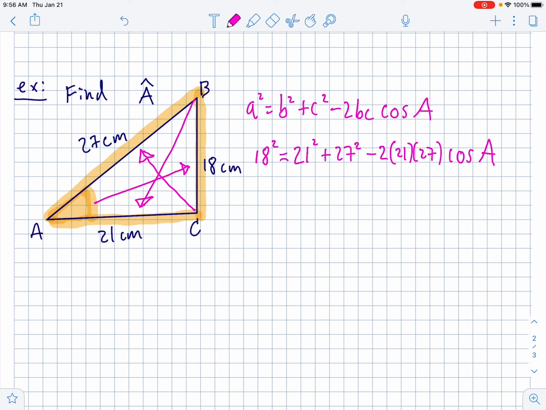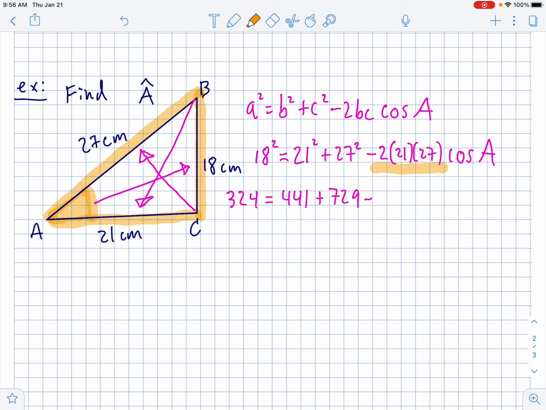Okay, let's start to simplify things. 18 squared is 324. 21 squared, I don't know these off the top, so I'm definitely using a calculator. 441, and then 27 squared. I know it'll be an odd number. 729. And then minus, well, we'll just do the 2 times 21 times 27 part.